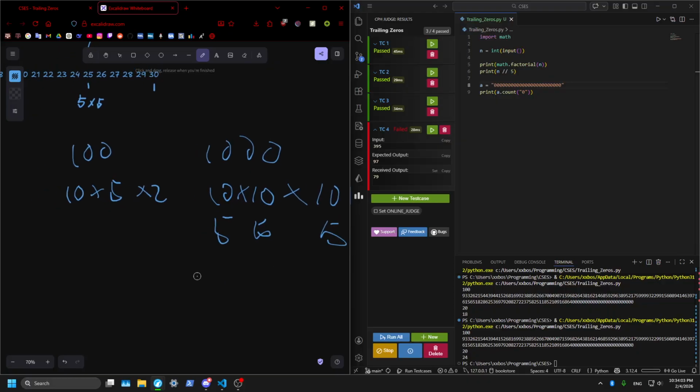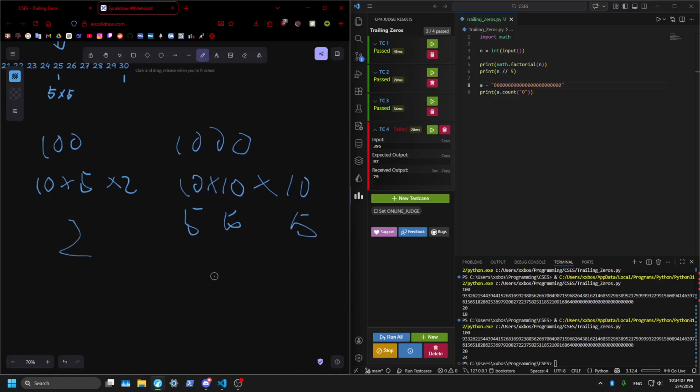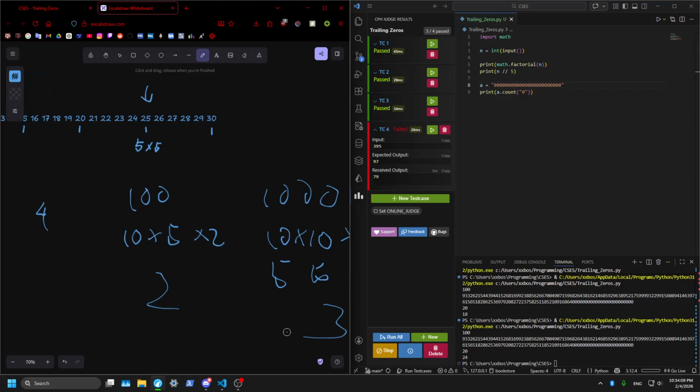So basically, we're just counting the number of 5s. This is 2 5s. So this is 3 5s.